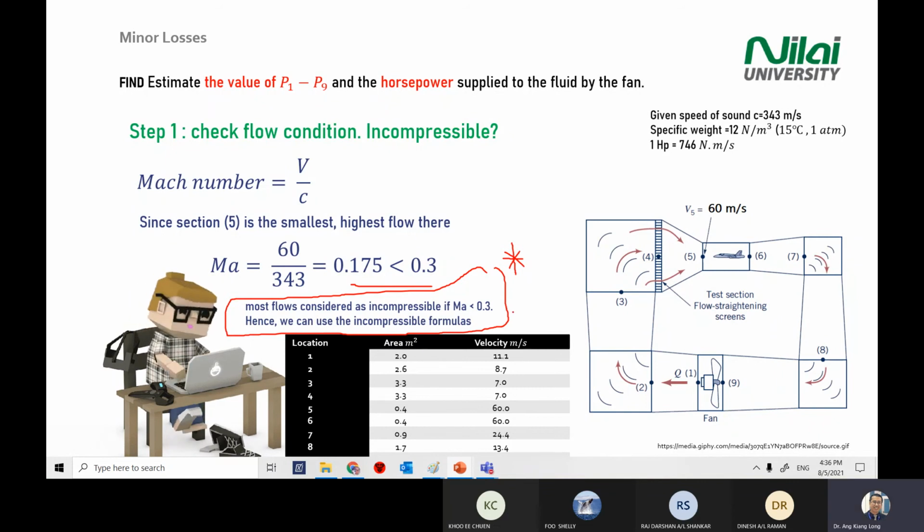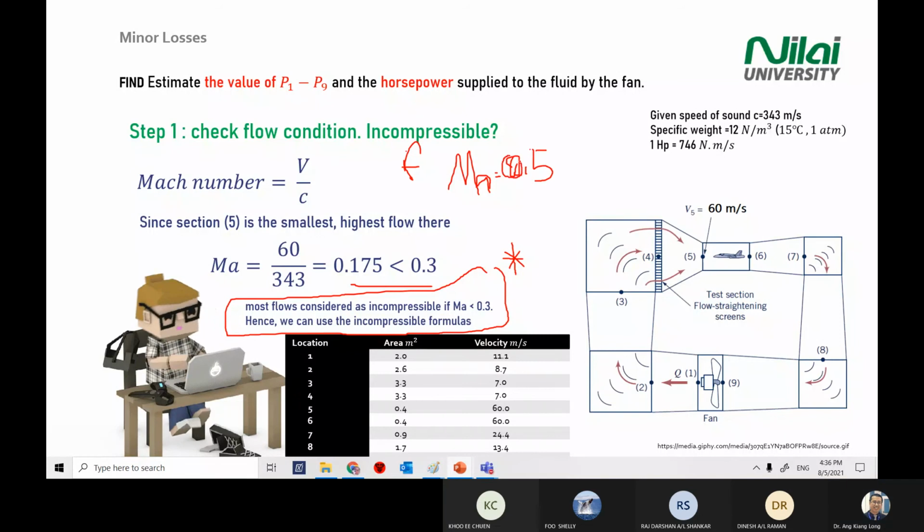Remember this statement? Cool. This question for you. If you calculate the Mach number and it is 0.5, can you consider you are having an incompressible case? Cool, are you there? Yeah.